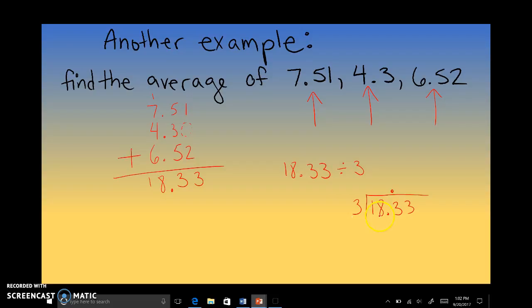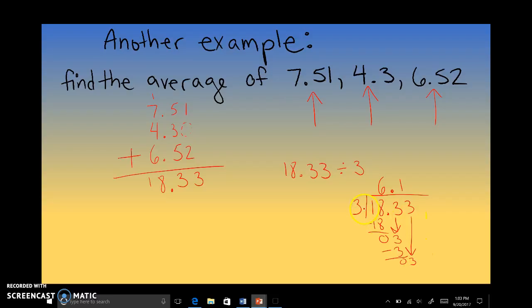So we're going to ask ourselves, how many times does 3 go into 18? It goes in 6 times. 6 times 3 is 18. 18 minus 18 is 0. We bring down the next number. How many times does 3 go into 3? Goes in 1 time. 3 minus 3 is 0. We bring down the next number.